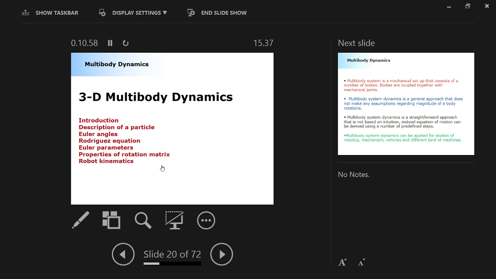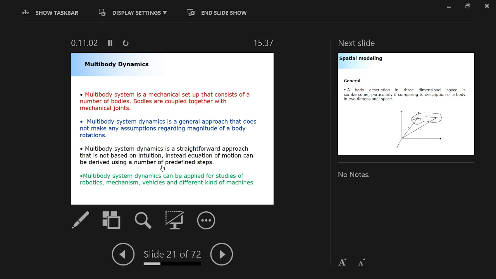Okay, but introduction. Let's get started from 3D multi-body dynamics. This is what you are already familiar with. A multi-body system is a mechanical setup that consists of a number of bodies.